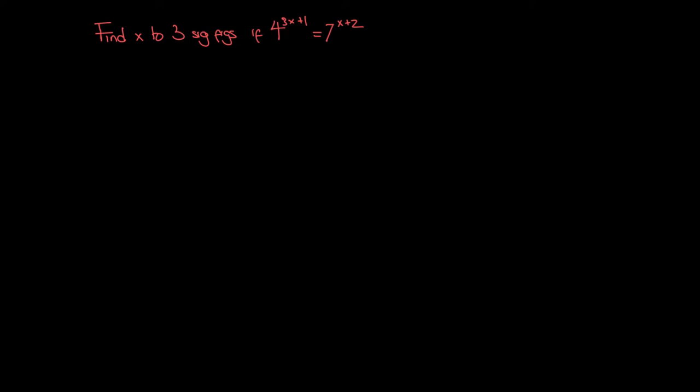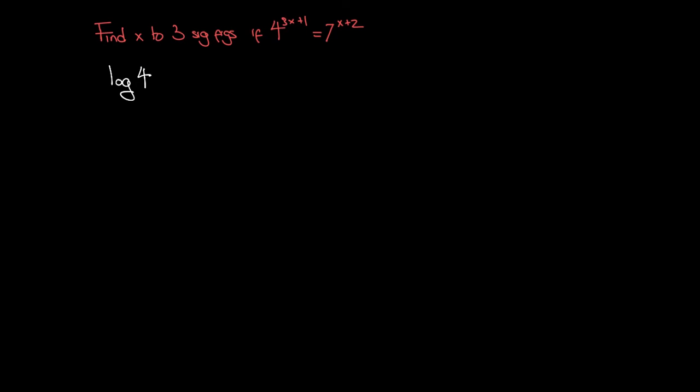Let's take a look at another problem here, which is a bit on the advanced side, but it's still the same idea. Find x to 3 sig figs if 4 to the 3x plus 1 is equal to 7 to the x plus 2. As always, start off by taking the log on both sides.